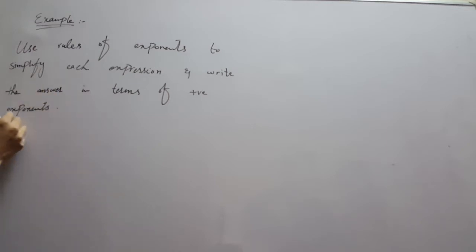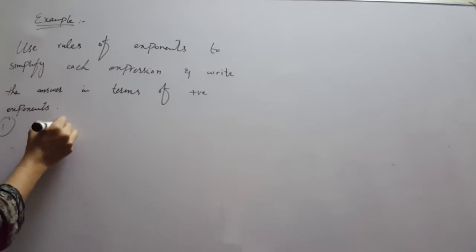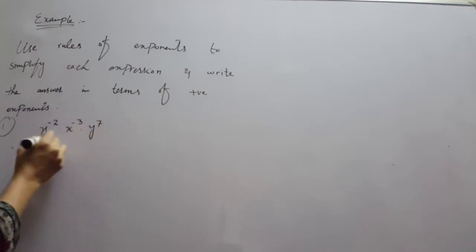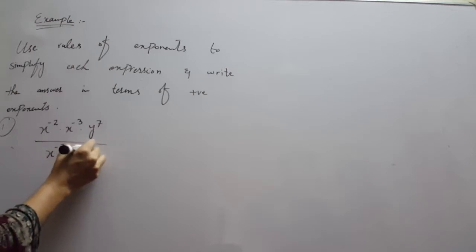The first part is x raised to power minus 2, x raised to power minus 3 and y raised to power 7, divided by x raised to power minus 3 and y raised to power 4.